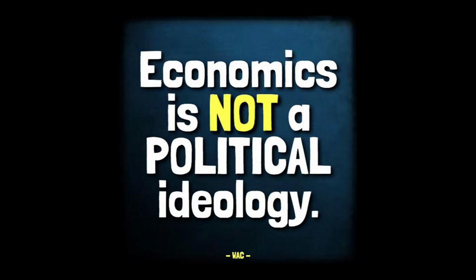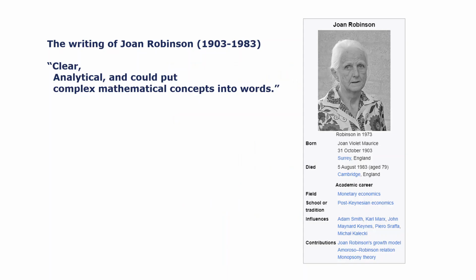But one of the things that Hazlitt talks about in his text, quoting Frederick Bastiat, is how to tell the good economist from the bad economist. And we're going to have lots to say about that as we go through. Here's a good economist. Joan Robinson lived to be 80 years old, as you can see.